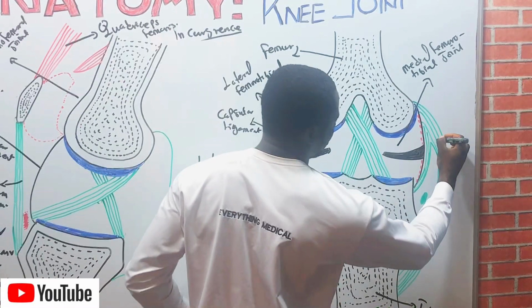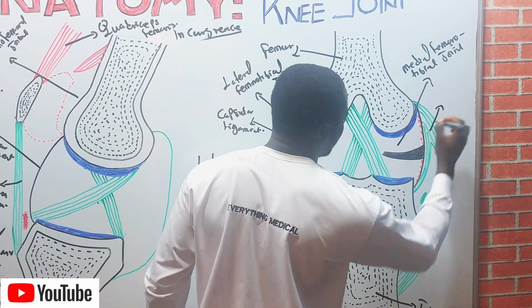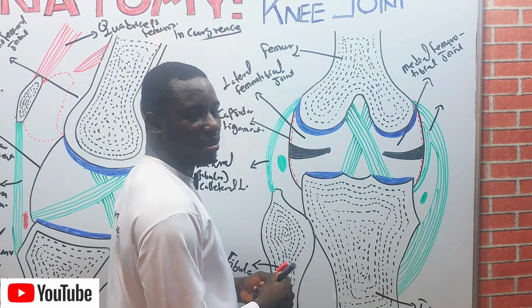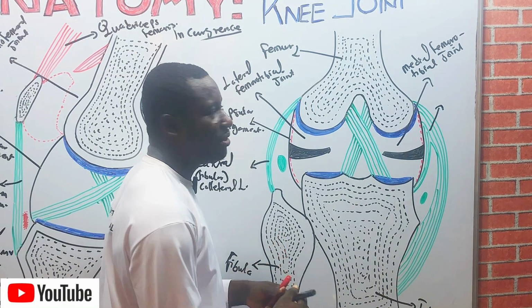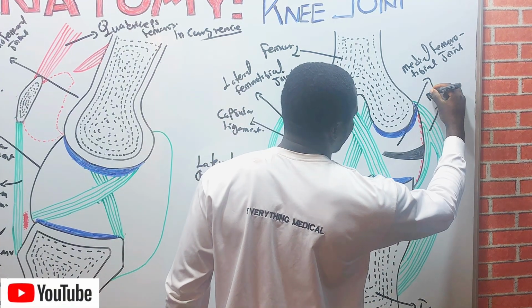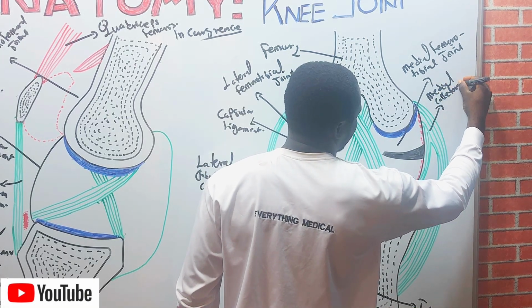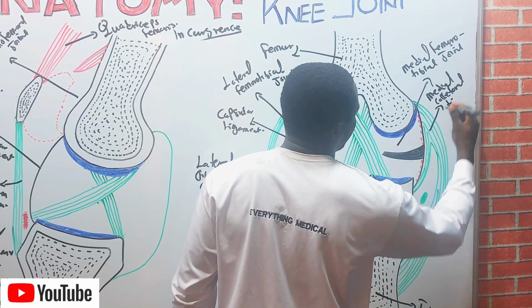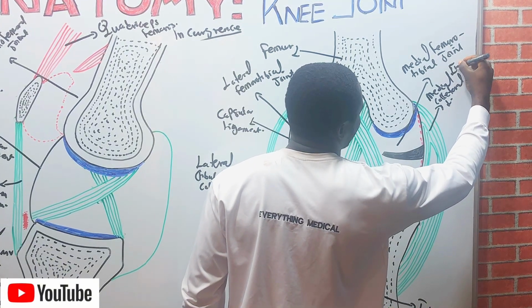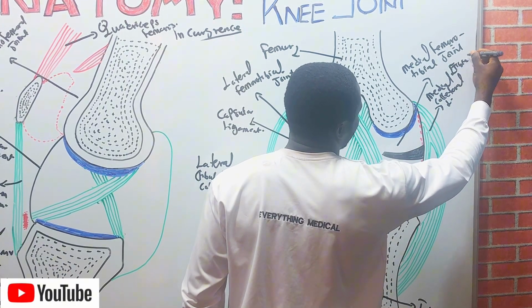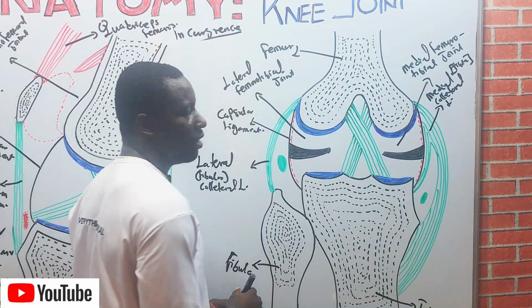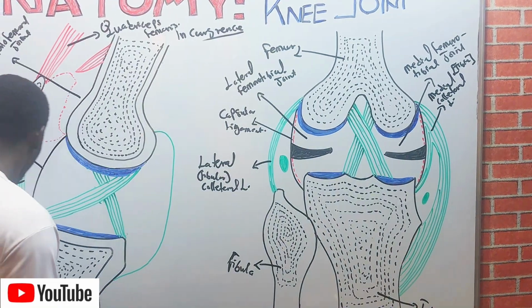While on this region is the medial collateral ligament, which can be called the tibial collateral ligament.